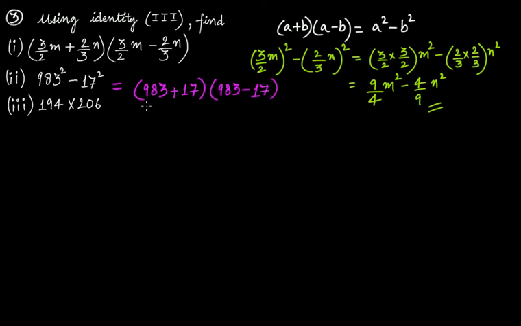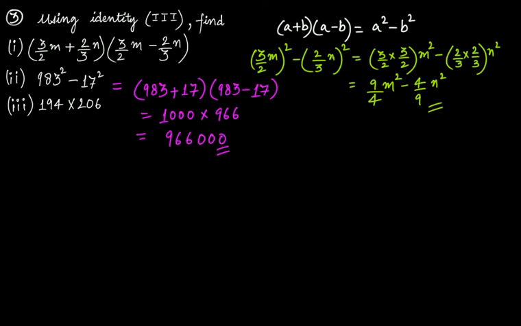Right? 983 plus 17 is 1000. This is multiplied by 983 minus 17, which is 966. So this becomes 966 and 3 zeros.